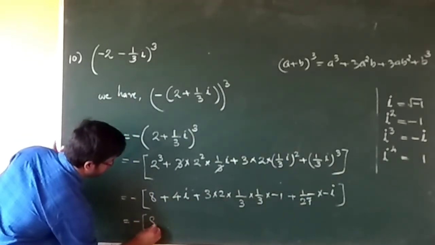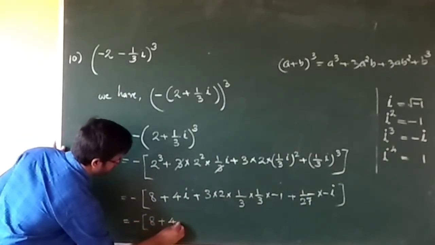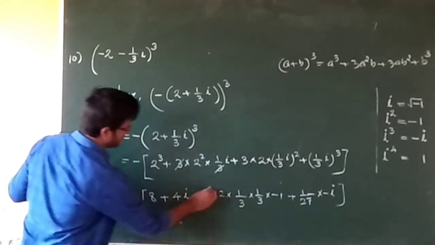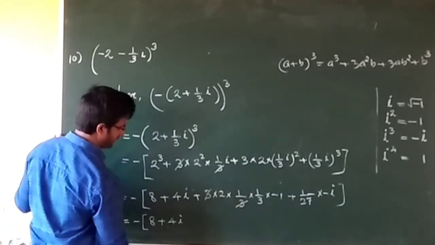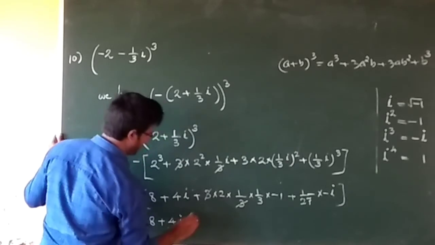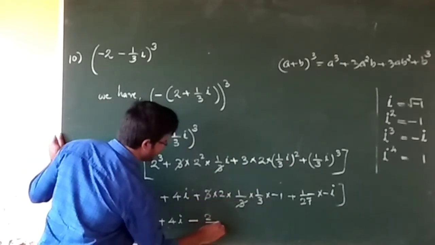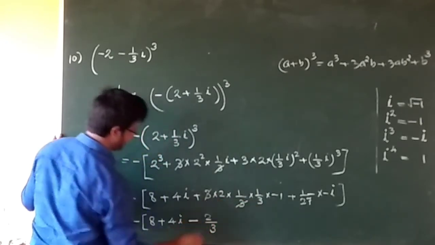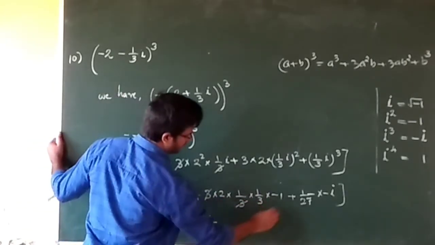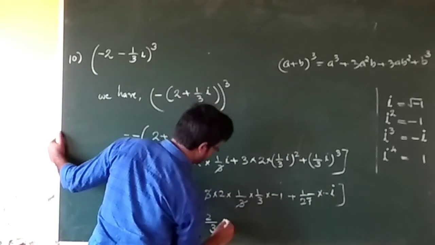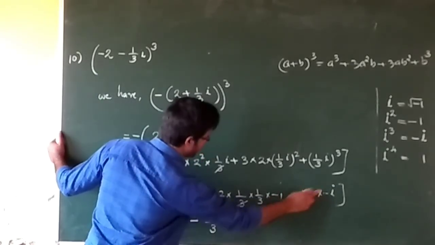Minus 8 plus 4i, 3 cut it. Then the remaining, plus into minus, we can write minus 2 into 1, 2 divided by 3. Then the last part, plus into minus, we can write minus 1 by 27i.